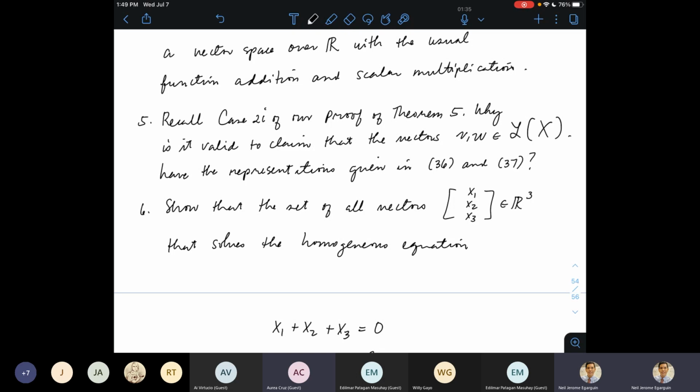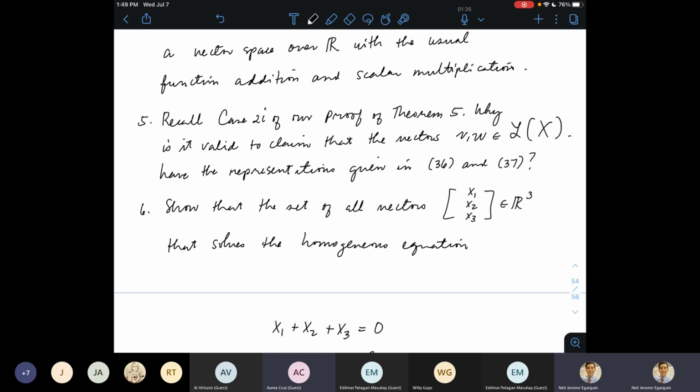What is the trick that allowed me to write that representation? Because that representation is crucial in the next portion of the proof, where I added V and W, right? And I will probably use this again in a proof in module 3. So I want to see if you can reason out why those representations are valid.